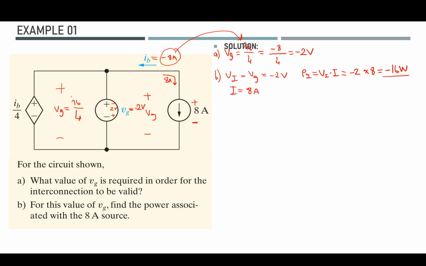Now the value of the power is negative, which means that it's a source. It's sourcing energy to the rest of the circuitry. The current source generates 16 watts of power to the rest of the circuit.